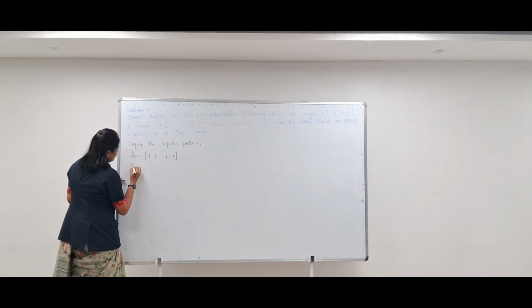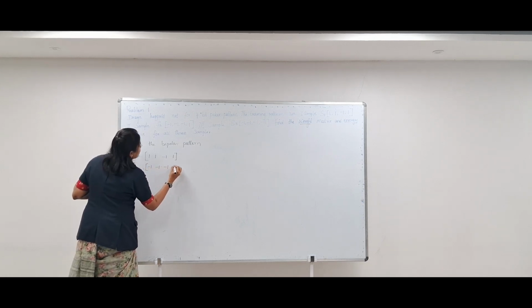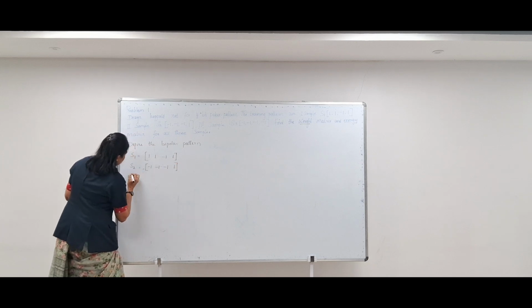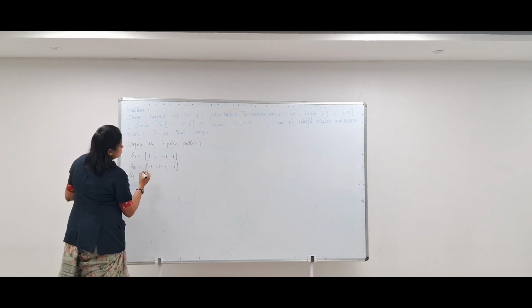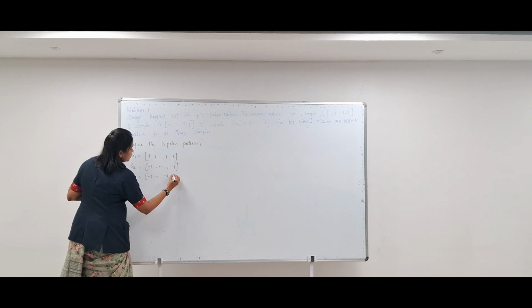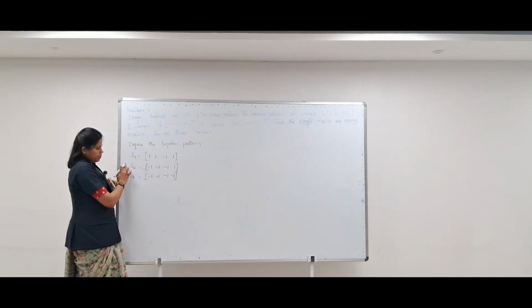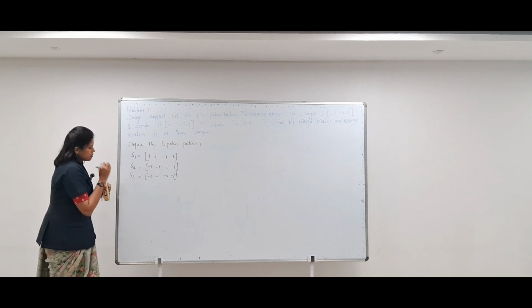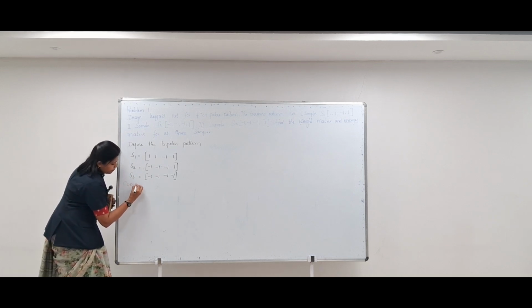Sample 2, S2, is minus 1, minus 1, minus 1, 1. Sample 3 is minus 1, minus 1, minus 1, minus 1. So we have defined the patterns now, S1, S2 and S3. What is step 2? Let's compute the weight matrix.